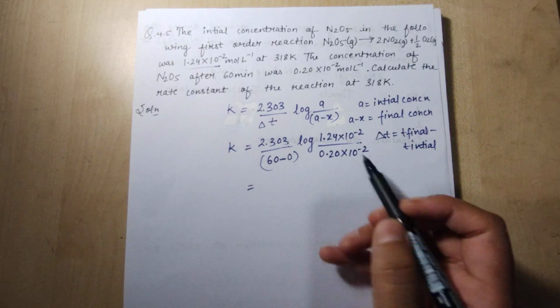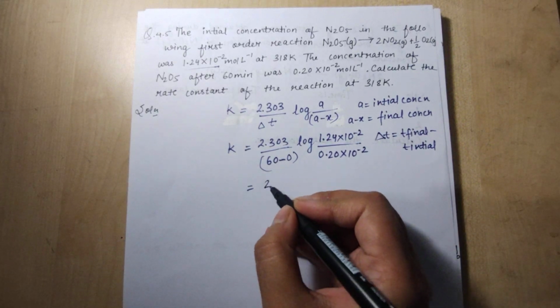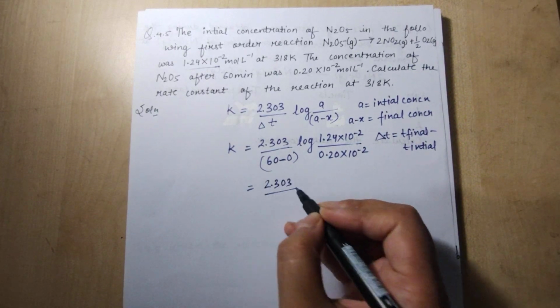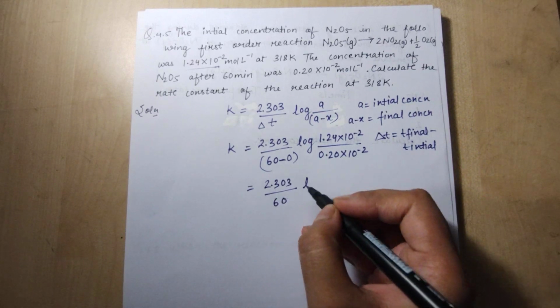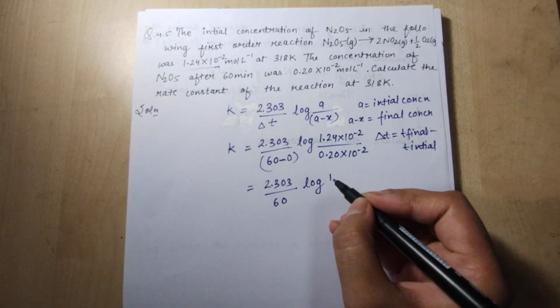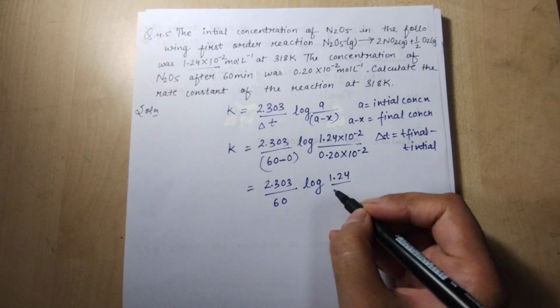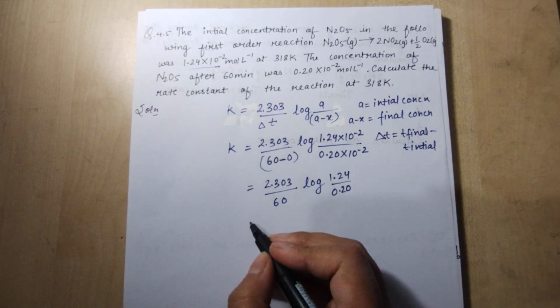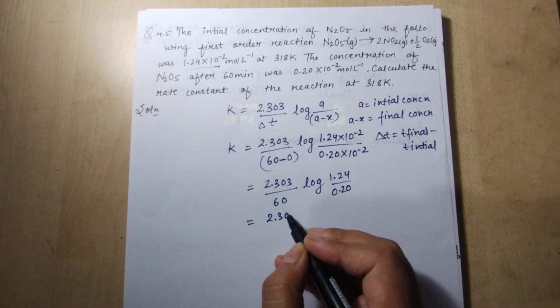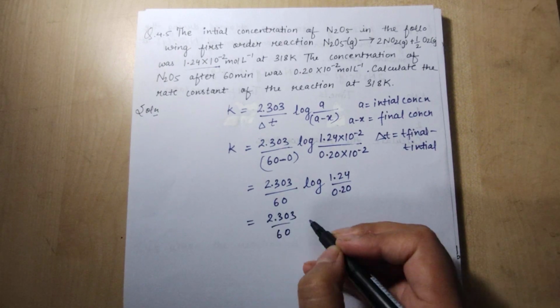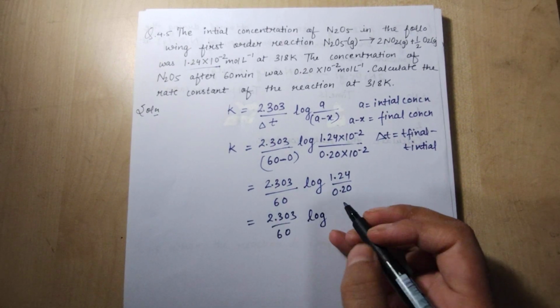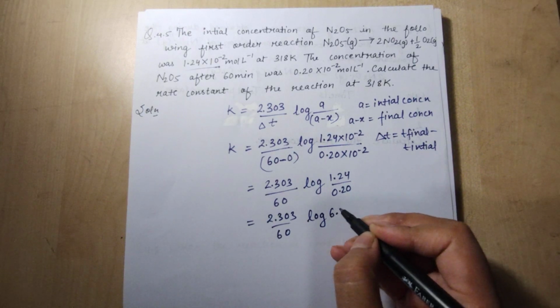Now after solving this we get 60 into log of 1.24 upon 0.20, that is 6.2.